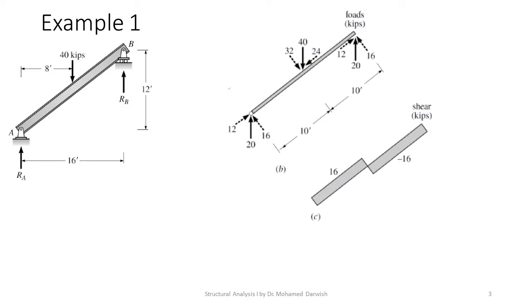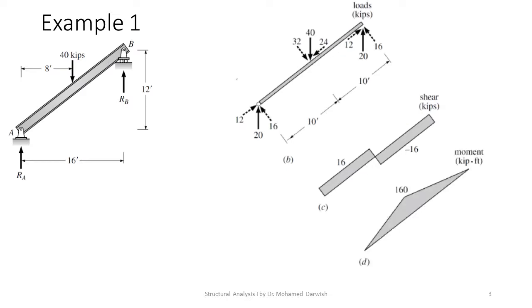If I take a cut just after the 32, we find 16 minus 32, which is minus 16 kips. This is our new shear force, and it remains the same until this other 16 kips comes again, and it will close it to be 0. Again, the shear force diagram must close to 0 at its end. This is the same thing we have seen with beams.